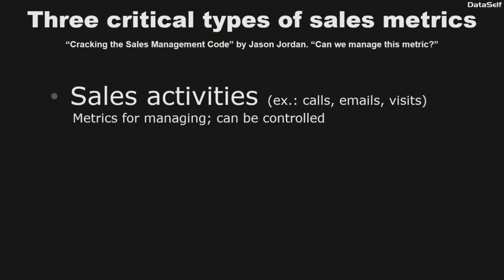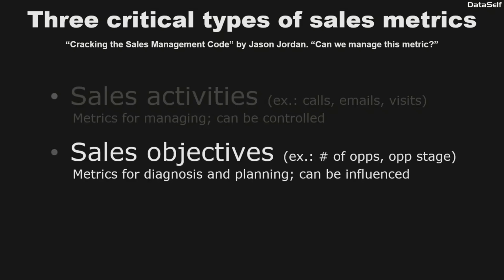You can see the numbers, you can see how long it's taking on average to call leads. And if you see it's taking too long or too little, you can act individually with different salespeople to help them be in the good range of calls, emails, and visits to be efficient. So sales activities is a big type of metric that you can manage.